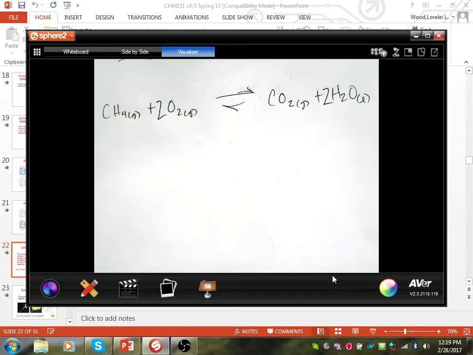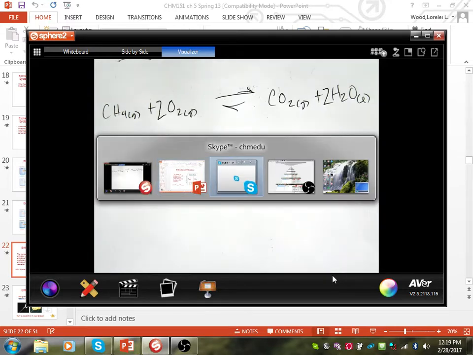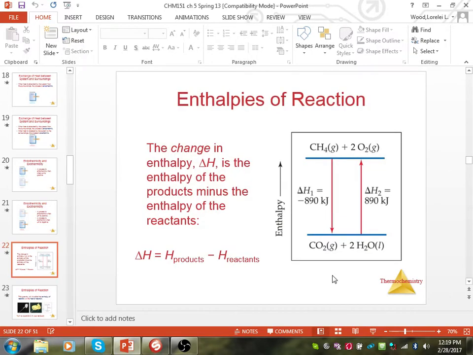If we look back at the PowerPoint and we look at which one is at a higher energy level, which one's at a higher energy level? So these ones are higher. The first two, the reactants, are at a higher energy level than the products.